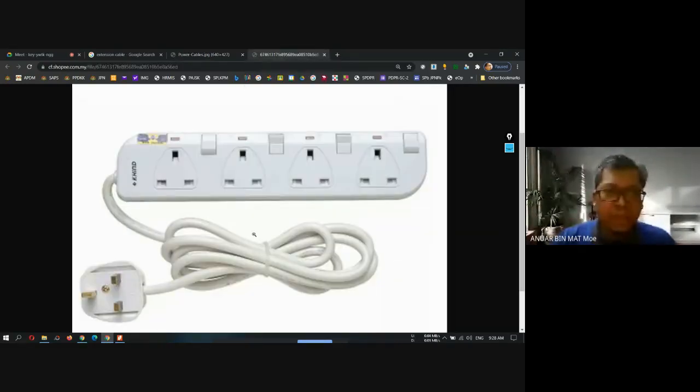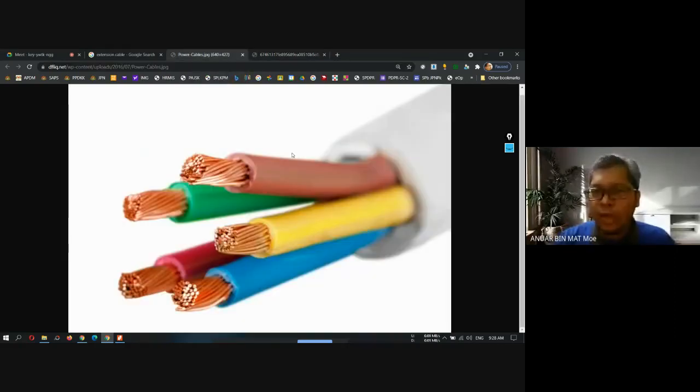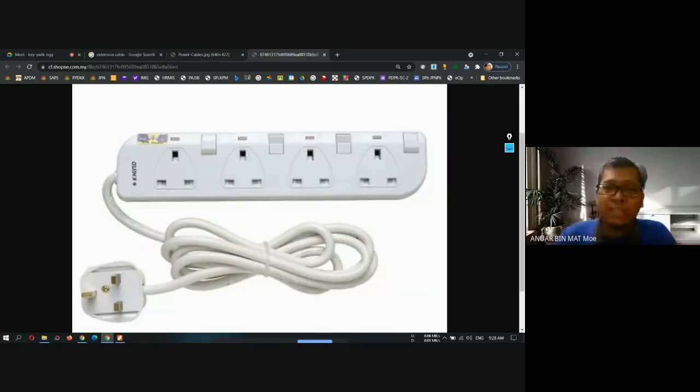If you find an extension wire like this, a very cheap one, what do you think the material inside the wire is? Is it made from copper? Is it copper or iron, you think?